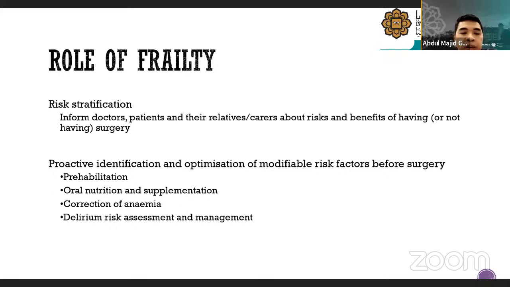We can do it through prehabilitation and giving good oral nutrition and supplementation, and at the same time we identify patients at very high risk of poor nutritional support, and we can correct anemia and assess the delirium risk, and also manage jointly with the primary team, for example, medical as well as surgical.